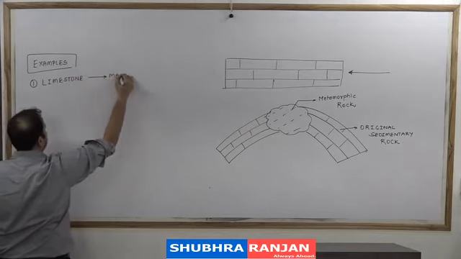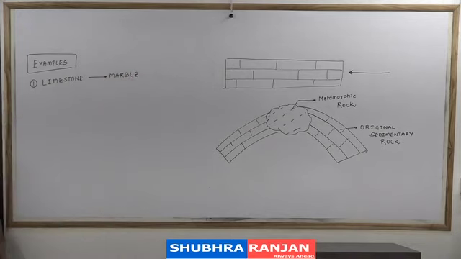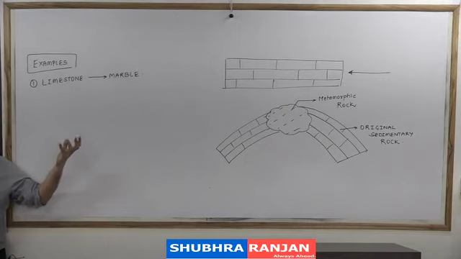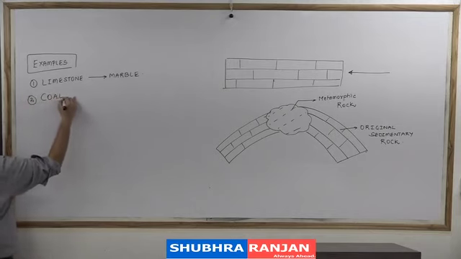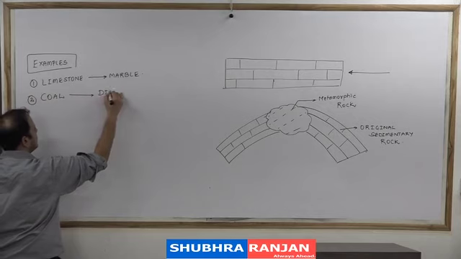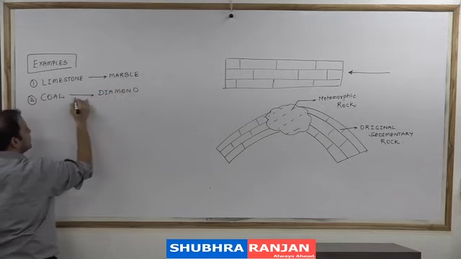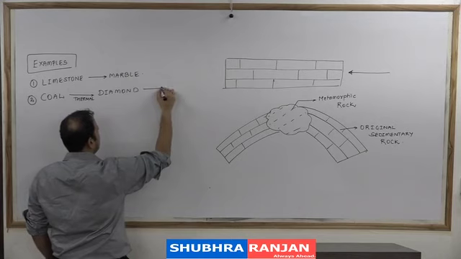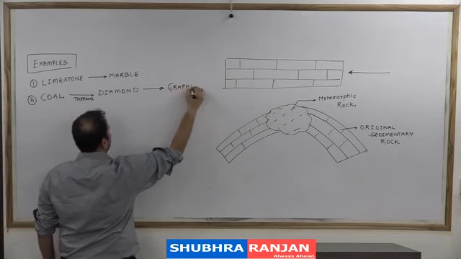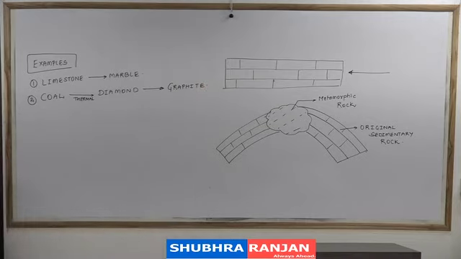Limestone is converted into marble, and you can see how much change in the properties there. Marble is such a tough rock and limestone is a very very weak rock. Coal can be converted into diamond. Generally the process involved here is thermal, and diamond is further converted into graphite. Where I have left blanks, pressure can also play a role and temperature can also play a role. Only one example is properly thermal, the rest are common. Limestone to marble can also be common, it can also occur due to pressure.